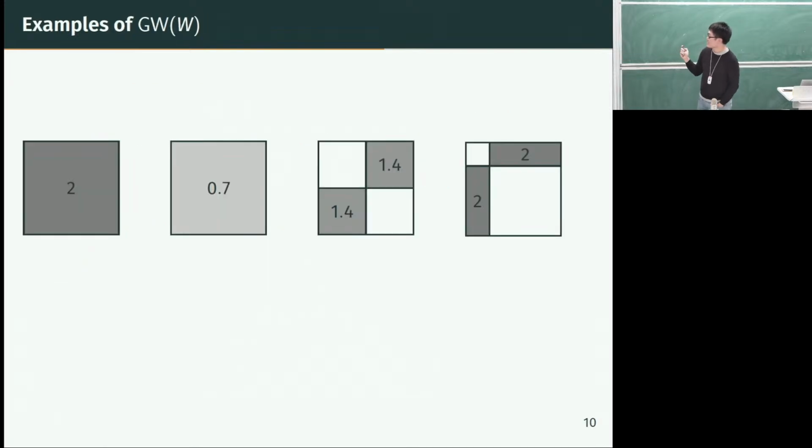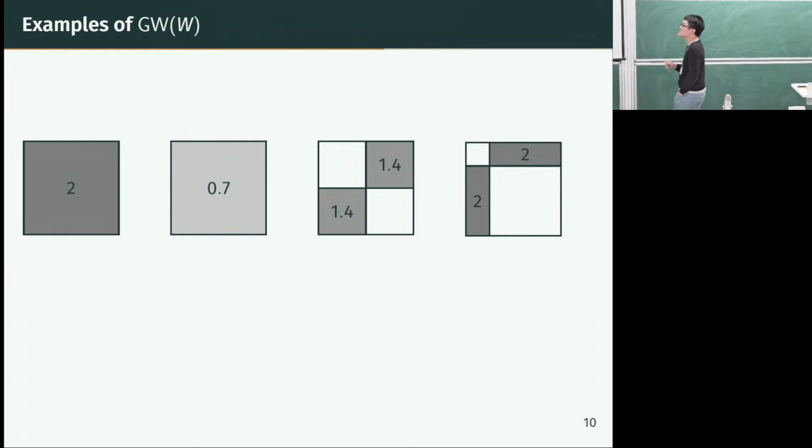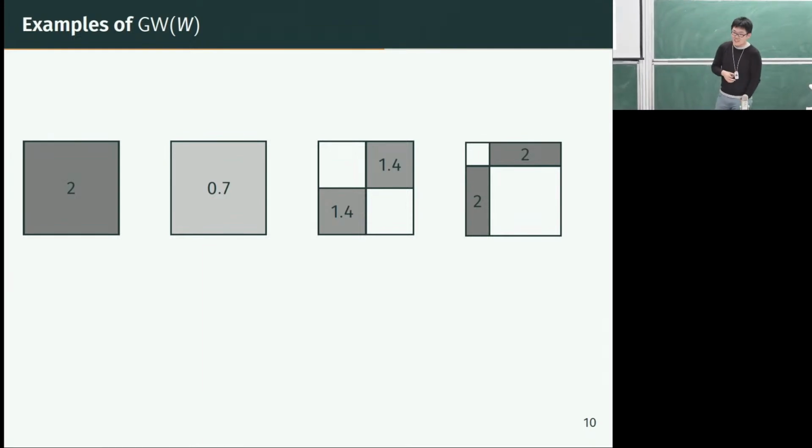Right, so just to give you a concrete sense of what these Galton-Watson branching processes might look like, let us look at the following 4 kernels. The first is a constant kernel, the value is 2 everywhere; the second is 0.7 everywhere.